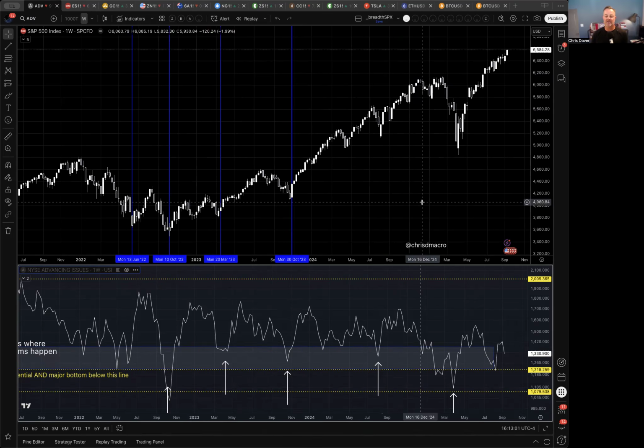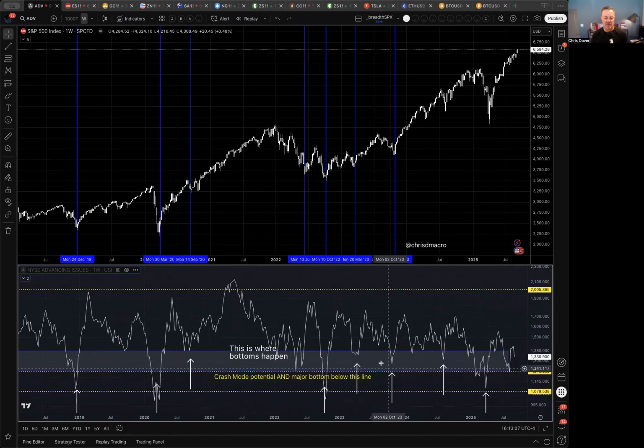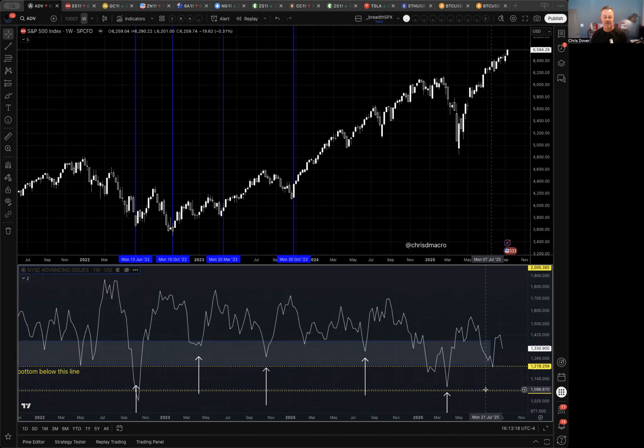I use this to identify buying opportunities in the market. When we get into the shaded area, generally speaking, this is where I want to be buying on weakness. When we get down to these dotted lines, this is about where market crashes, bottom reversals, and major corrections happen.